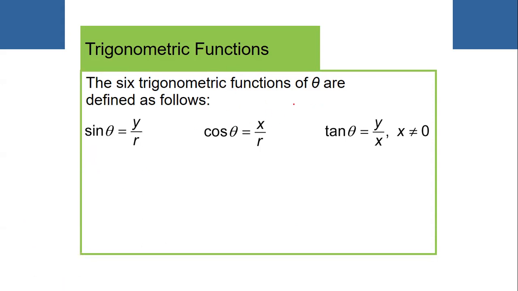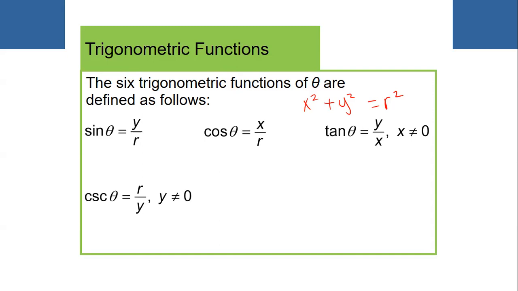When we put all of this together, we know that x squared plus y squared equals r squared. Does that look similar to our Pythagorean theorem? It does. Instead of a, b, c, we have x, y, r. Each one of these trig functions has a reciprocal function. Sine theta's reciprocal is called cosecant theta, and it's r over y.